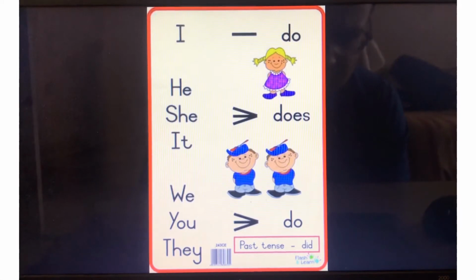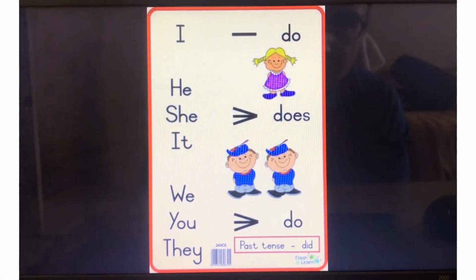On one side, we have the subject pronouns, which are I, he, she, it, we, you, they. The subject pronouns will guide us to know which one to use. In order to know which one to use, we have this table right here.